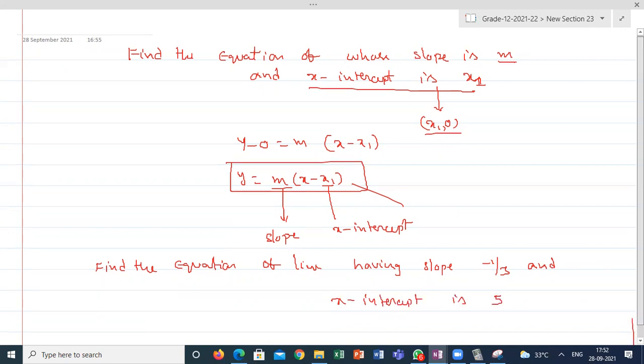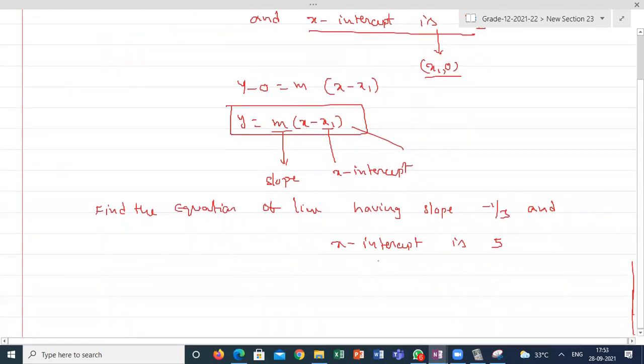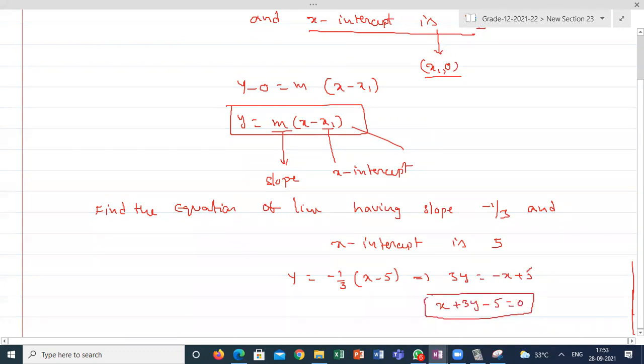Then, instead of finding the slope and all, I can write y is equal to minus 1 by 3 into (x minus 5). That is equal to 3y is equal to minus x plus 5. Then the equation of line is x plus 3y minus 5 is equal to 0. Simple. This is how we can discuss the slope intercept form of two cases.